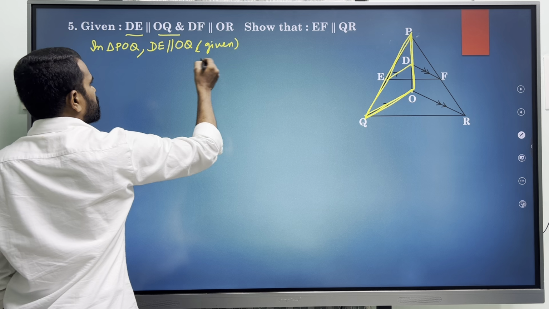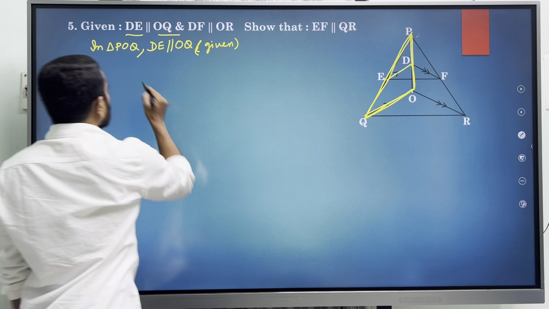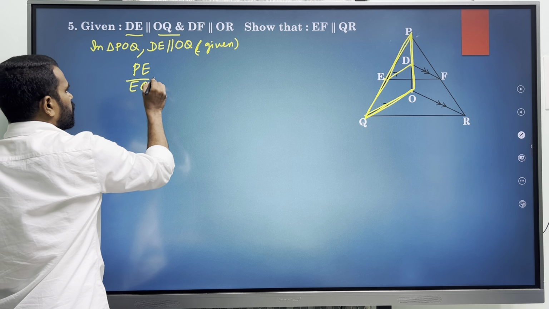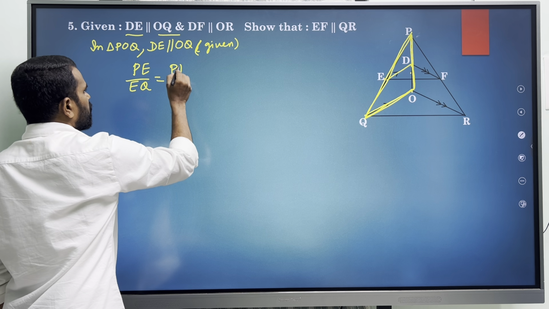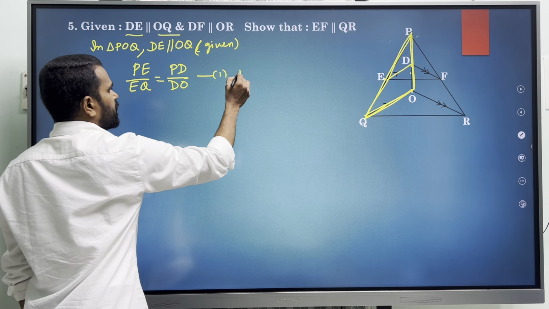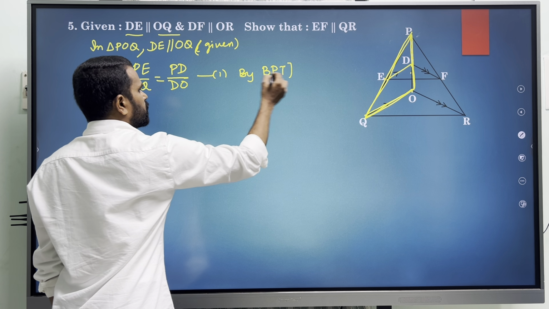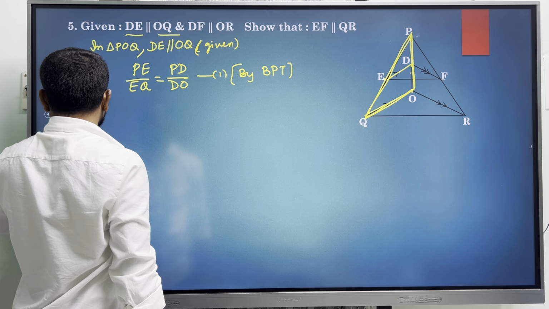If this is given, then PE by EQ is equal to PD by DO. This is by BPT, right?